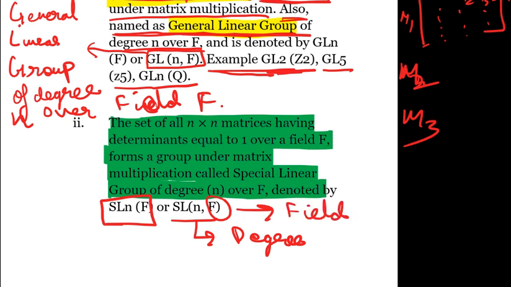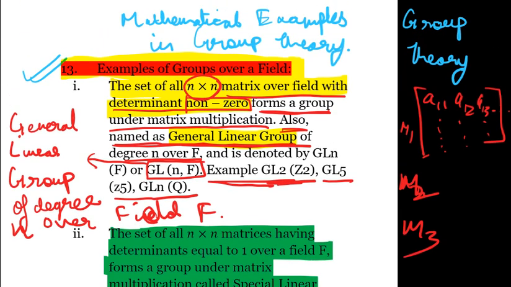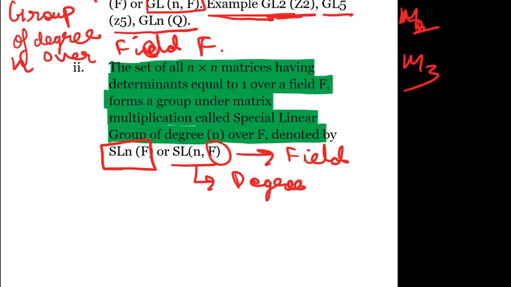Very simple to understand. SLn(F) is the special linear group of degree n, and GLn(F) is the general linear group of degree n over field F.